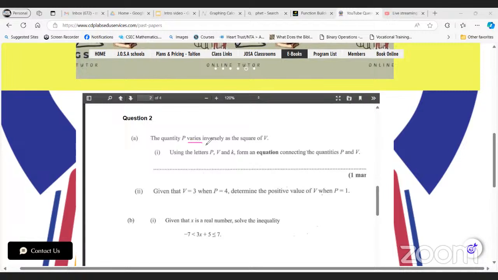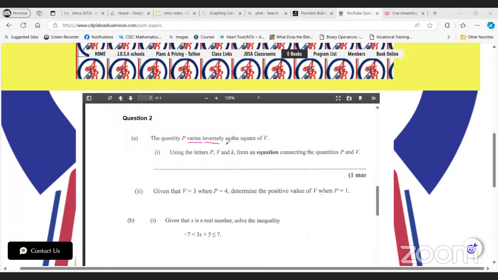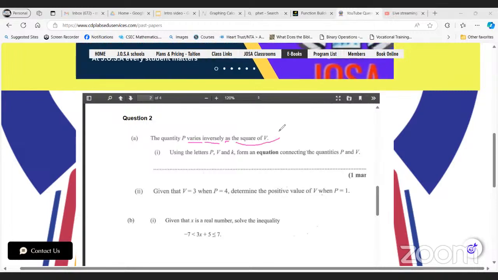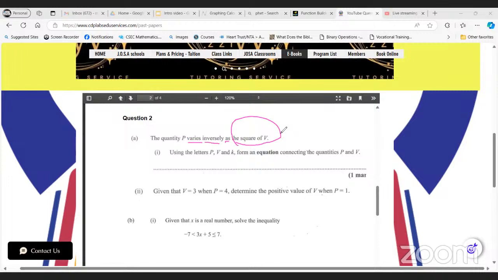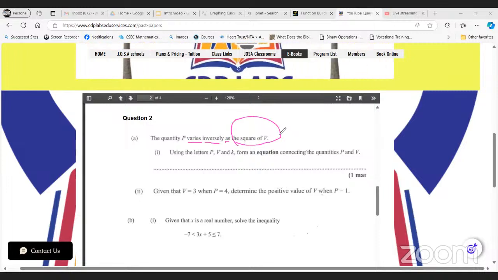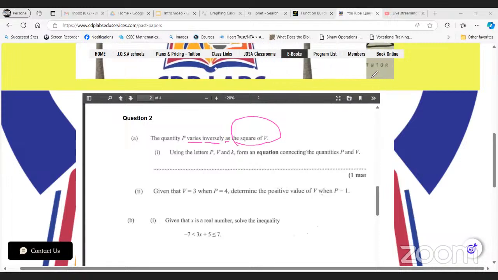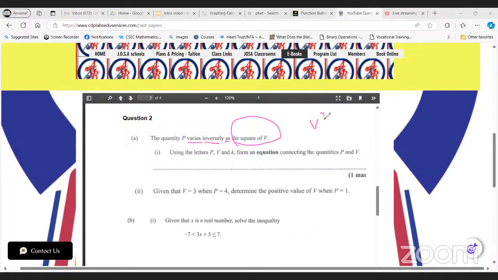Varies, inversely as, the square of V. Now, you must know what the square of V means. The square of V simply means V square.